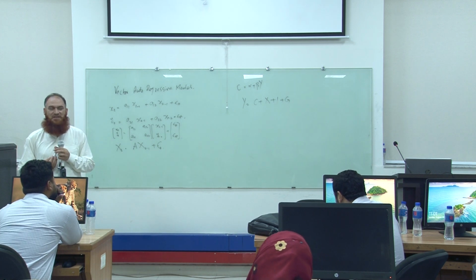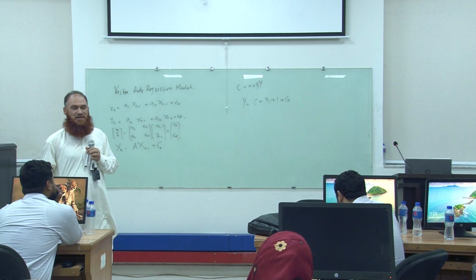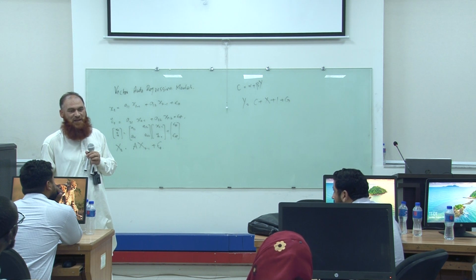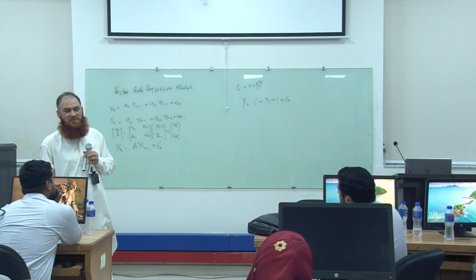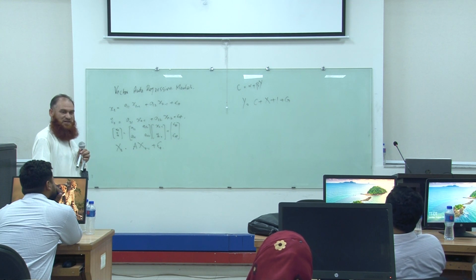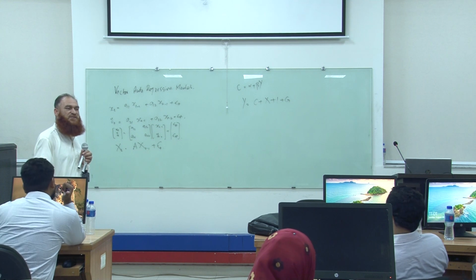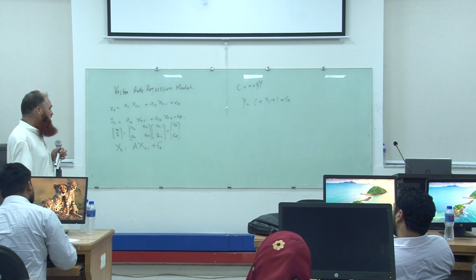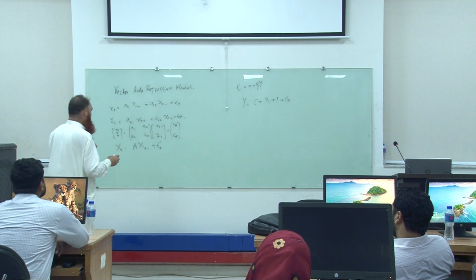This is looking like an autoregressive model, but the stochastic variable in this is not a univariate variable, rather it is a vector. This is also an autoregressive model, but the autoregression is defined on a vector, right? So that's why this is called vector autoregressive.